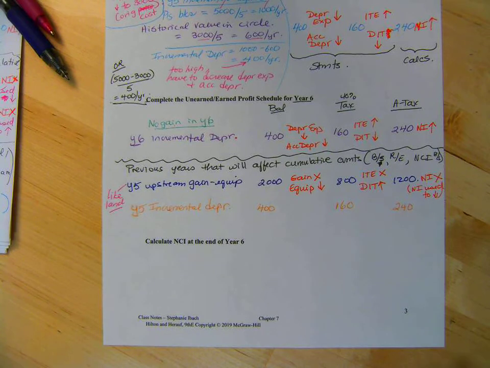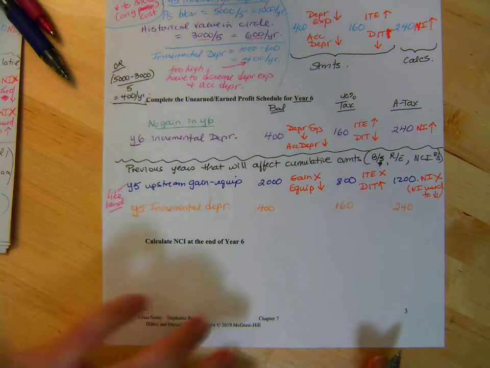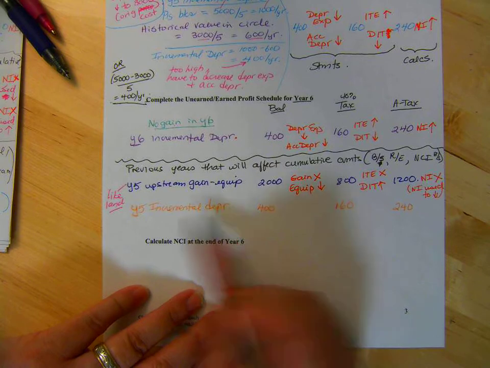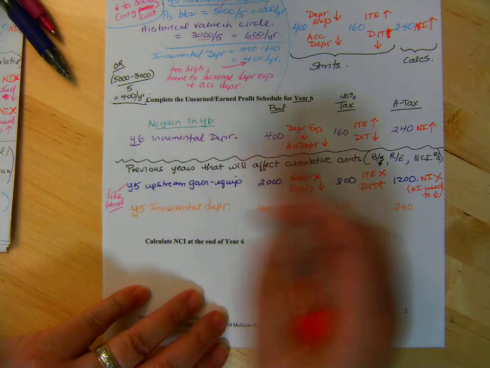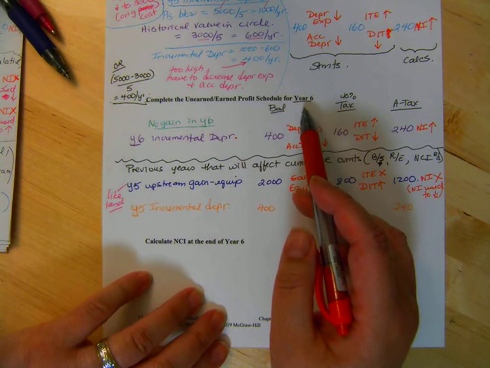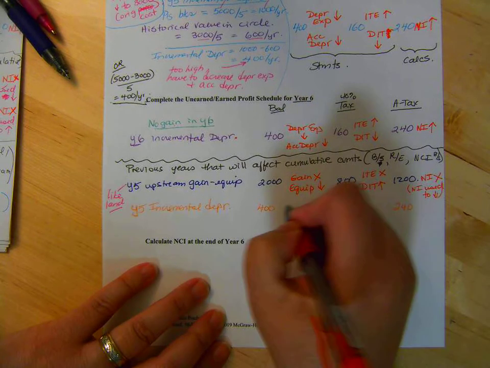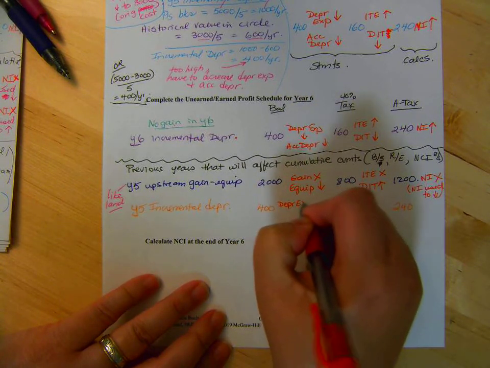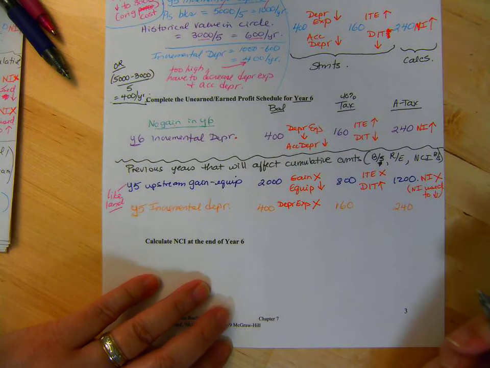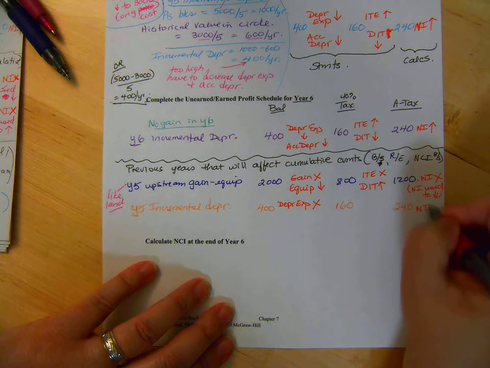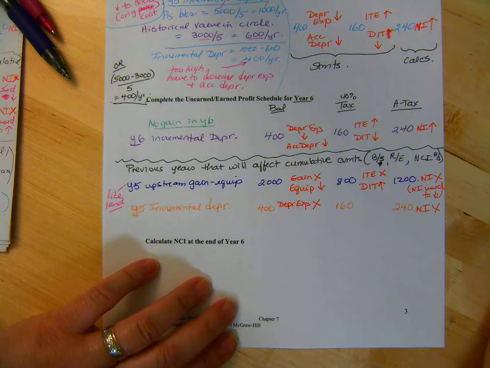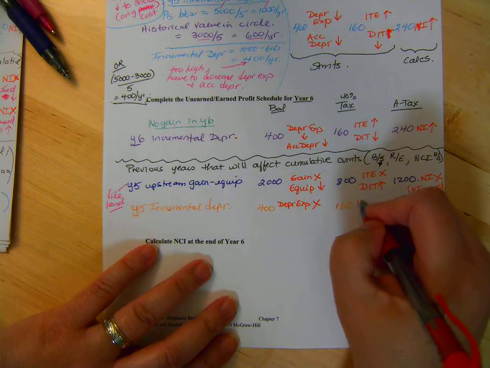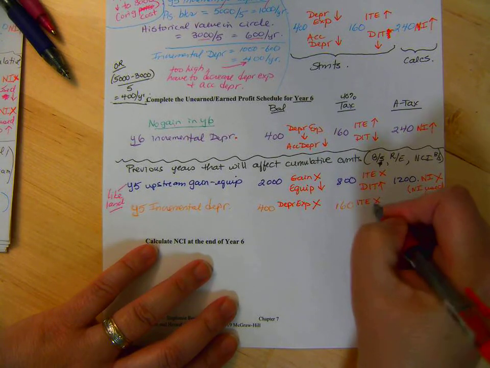Now, is the incremental depreciation from year 5 on year 6 income statement? No. So there is no depreciation expense to adjust because it was from last year, which means net income doesn't go anywhere and ITE doesn't go anywhere.